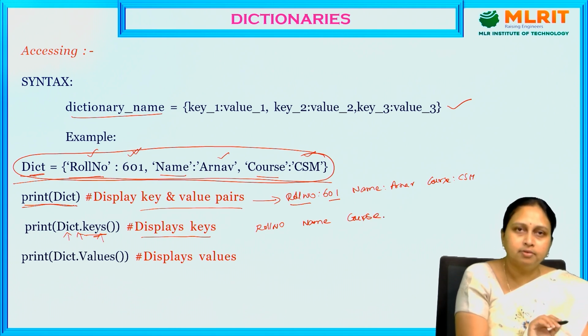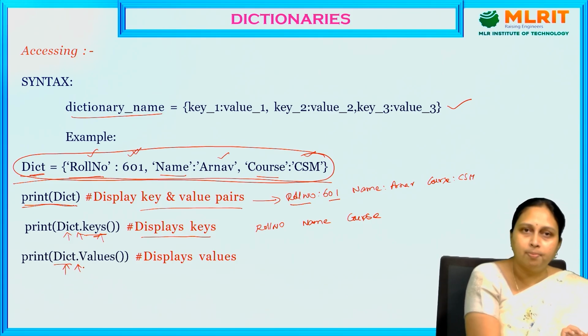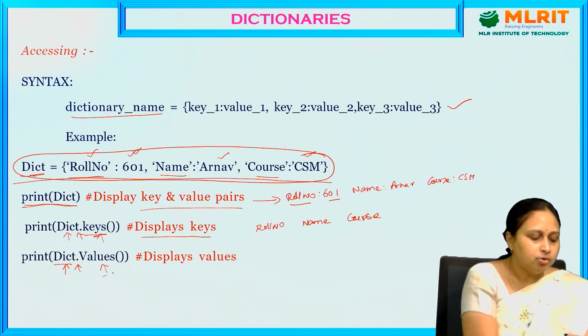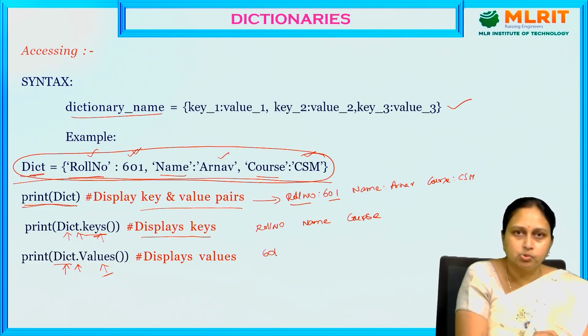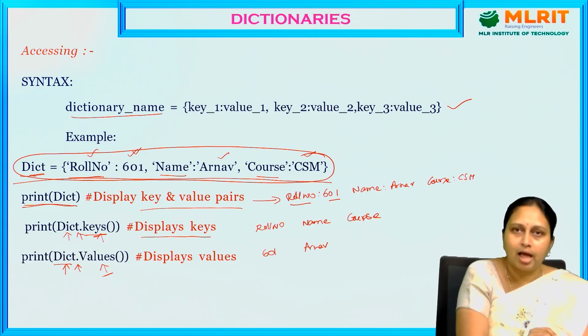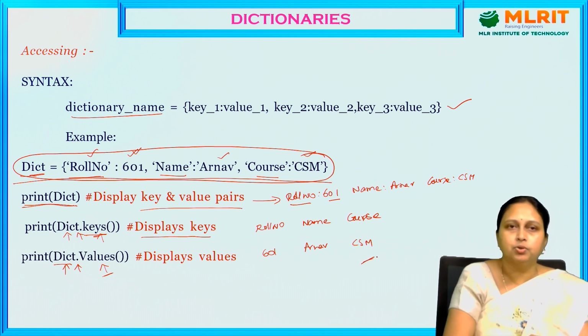And if I want to access only the values, in that case we use the dictionary variable name followed by the dot operator. Then we use the values function, and it displays the values: 601, the value given for name, that is Arnav, and the course is CSM. In this way it displays.